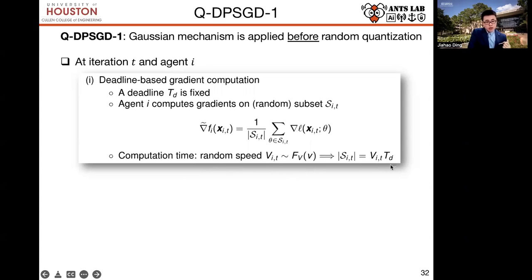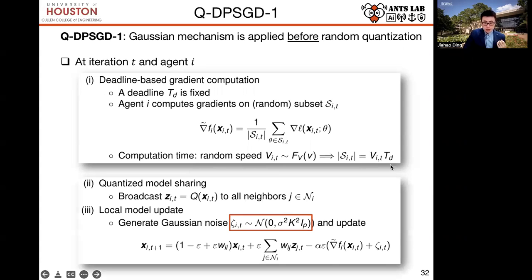In order to enforce differential privacy, each agent adds a noise theta_it drawn from a Gaussian distribution to perturb this local gradient.